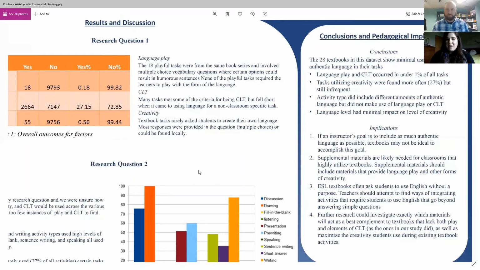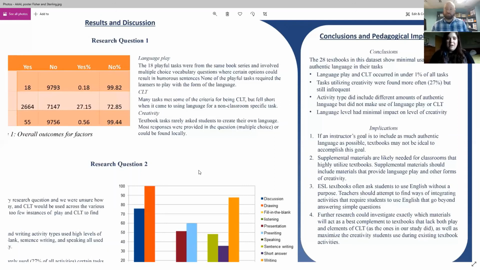Unfortunately, especially in a time like right now, where most schools and many teachers are 100% remote, teaching through Zoom and other platforms, textbooks are probably being relied on more. So in that case, supplemental materials are needed where you are highly utilizing a textbook. Supplemental materials would include things that would provide the language play or the creativity or the CLT.